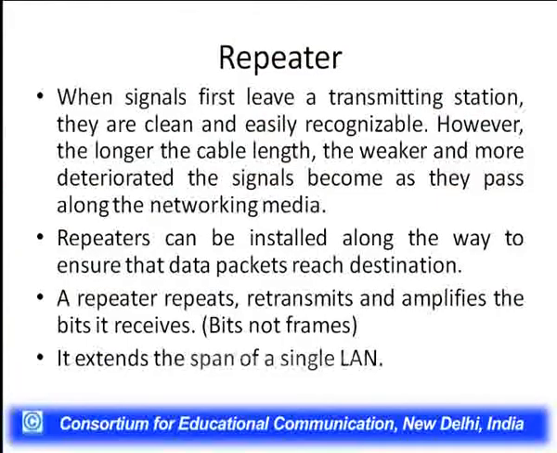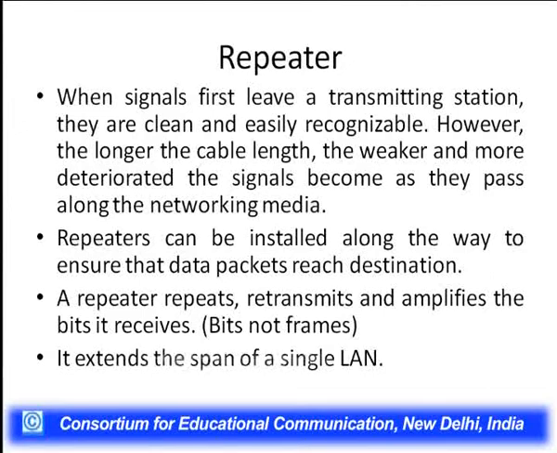The next device that we are going to talk about is the repeater. Now a repeater is very important. When signals leave a transmitting station, they are clean and easily recognizable. However, the longer the cable length, the weaker and more deteriorated the signals become as they pass along the networking media. Repeaters can be installed along the way to ensure that data packets reach the destination.